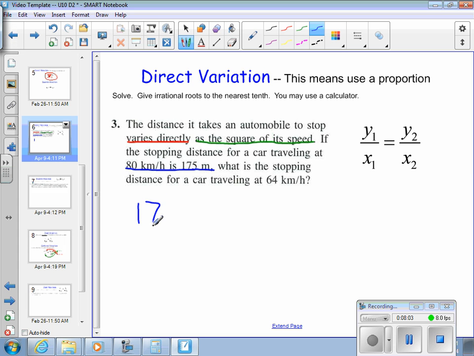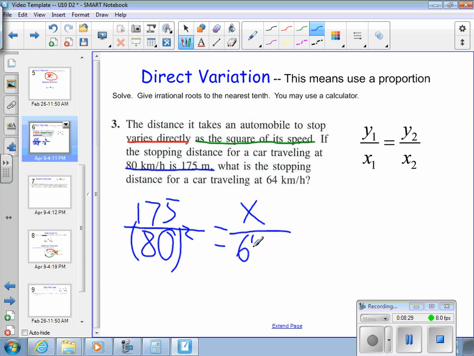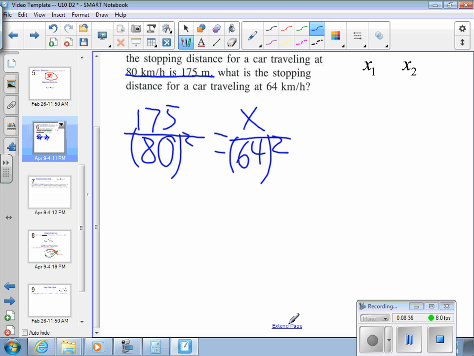So we have 175 over 80 squared, equals, same thing, distance on the top, and it's asking what is the distance, so that's my variable, x, and then speed on the bottom, 64 squared. Now I just need to cross multiply.